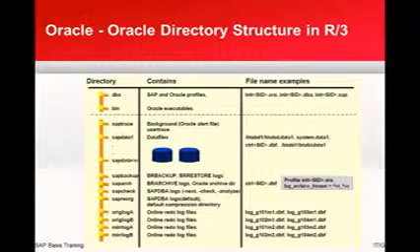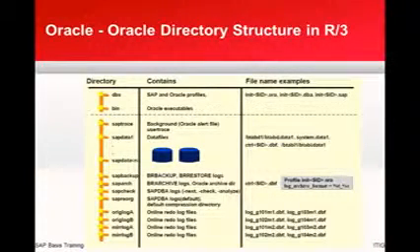Then you have a reorg folder, and you have the org logs, which are the online redo log files. Here you can see there are 2 online redo log files and 2 online redo log mirror files as well, so it's mirrored. So that is about the directory structure.